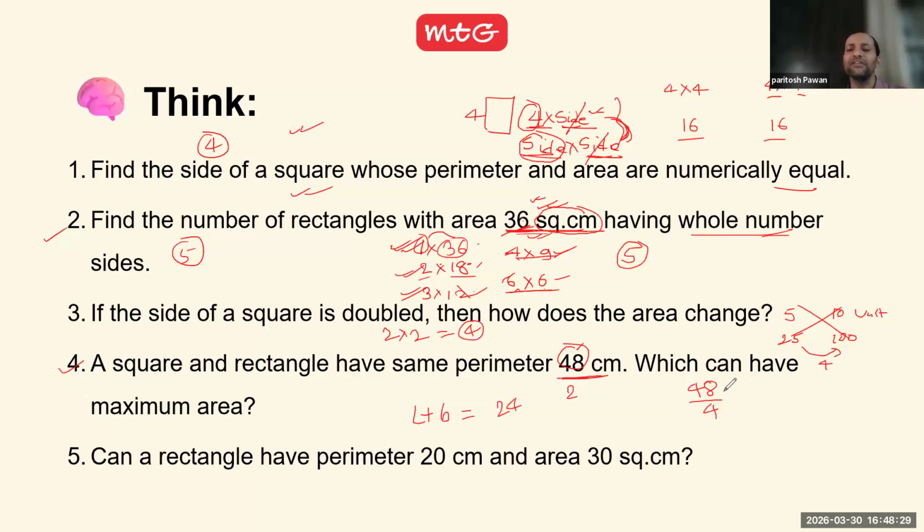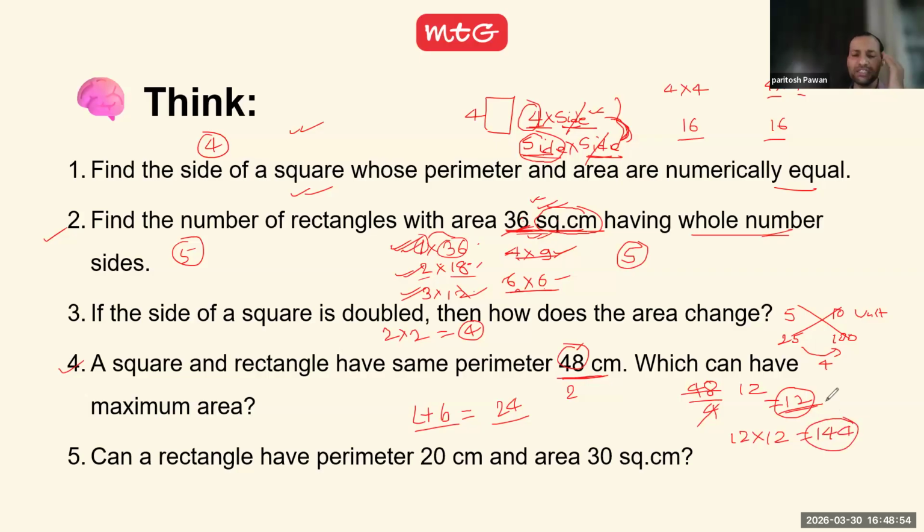The sum of 4 sides, when you divide by 4, you get one side. So for a square, side is 12. For the rectangle, we don't know length and breadth separately; we know length plus breadth. For the square, we know the side. So side is 12, then area will be 12 into 12, that is 144.